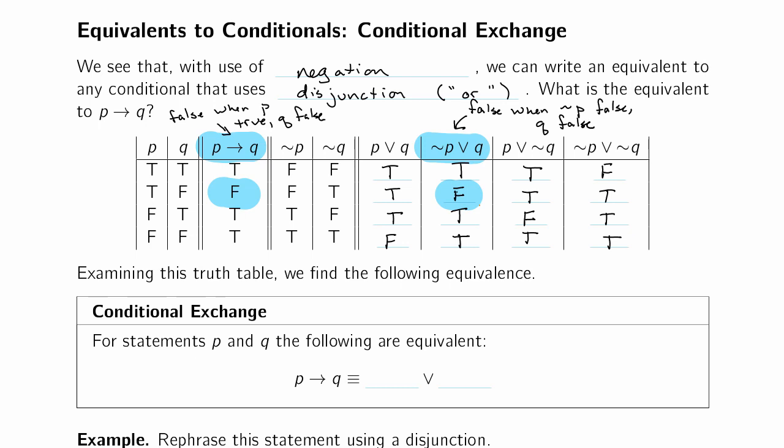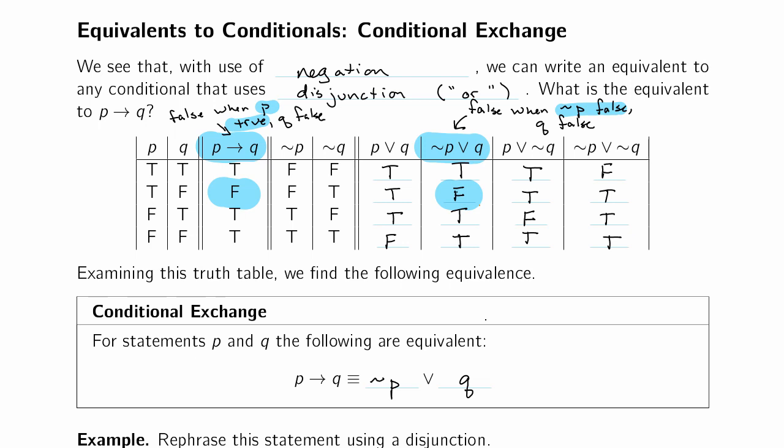And of course, saying not P is false and saying P is true, well, those are really the same thing. Not P is false, P is true, same thing. So this is really what we would expect. We see that if P then Q is equivalent to not P or Q.